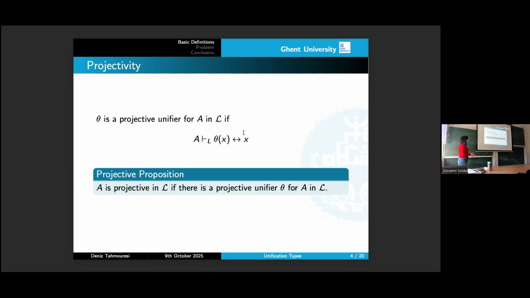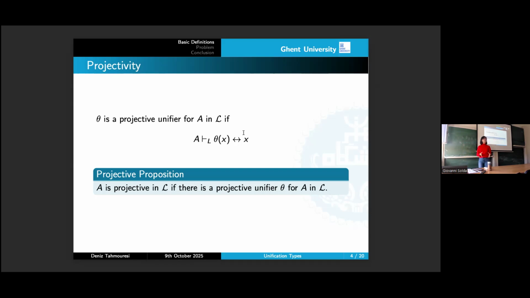Another important concept in this area is projectivity. We say that a substitution theta is projective in a logic if, assuming A, we have that theta(x) is equivalent to x itself. A formula is projective if such a property holds.